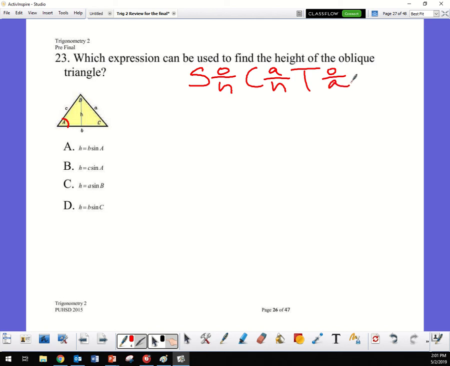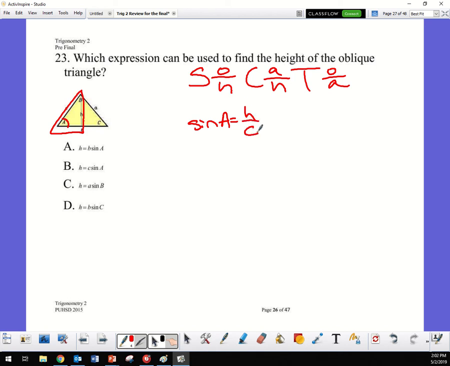So if I want to solve for h, it'd be opposite over hypotenuse. If I'm just doing this one right here, it's going to be sine of A is equal to h over c.